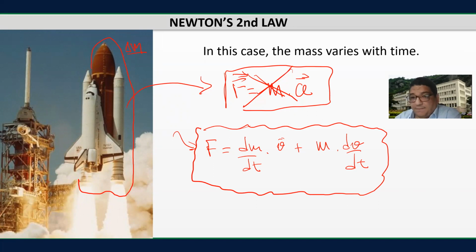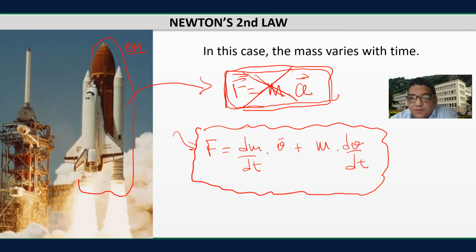So this expression is wrong in this case of the space shuttle, because here we have a huge mass of fuel that will burn along the time, you know?